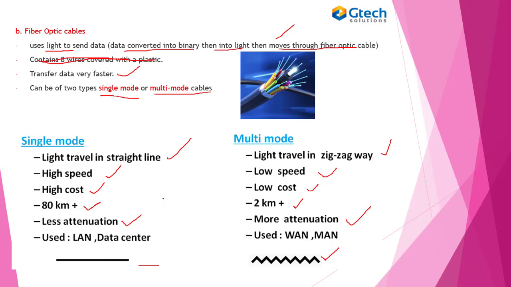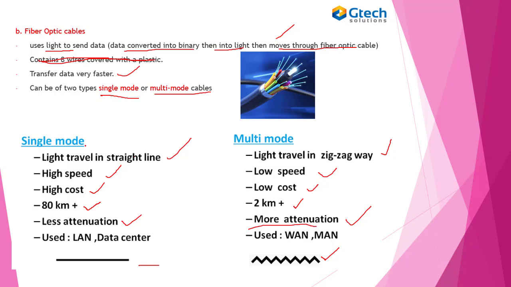Attenuation means loss of signals. So in single mode, there is less loss of signals because light travels in a straight line, unlike in multi-mode, where the light travels in a zigzag, causing the loss of signals and bringing more attenuation.